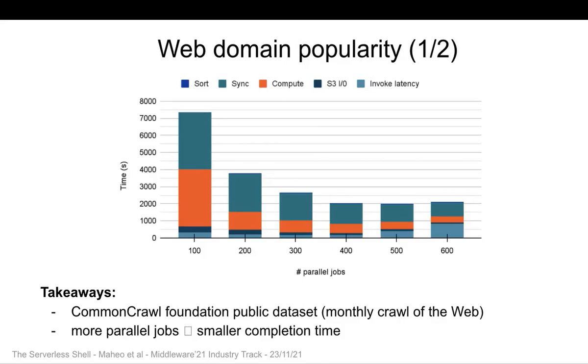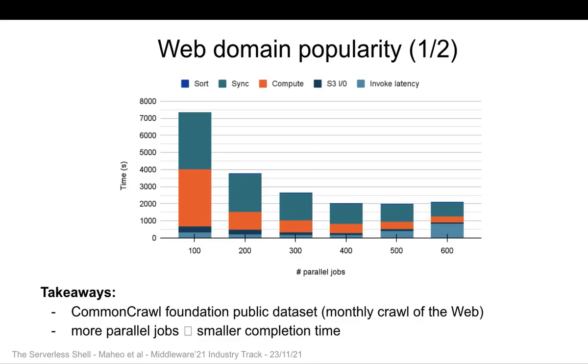Then we consider a large application which consists in mining a Common Crawl dataset, parsing the web domain pages, and filtering the outgoing links, and then as a result, we are able to perform a ranking of the web domains.